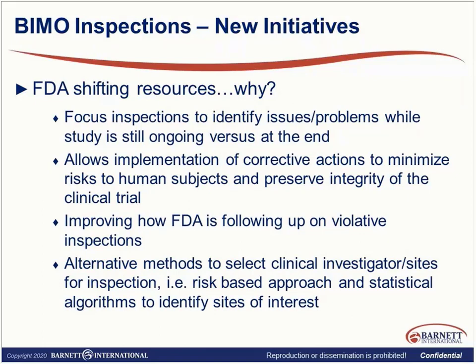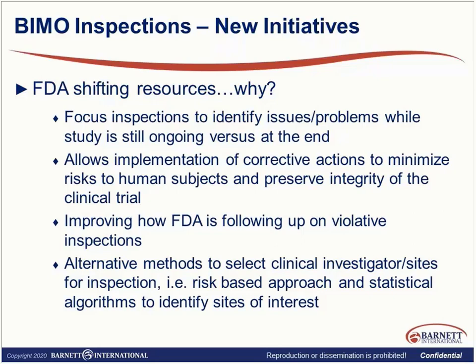It can also improve how the FDA is going to be following up on those inspections that have harm. And so we want to make sure that the FDA prioritizes, and they do this by looking at where they need to focus their time and energy, where we've had problems or issues.